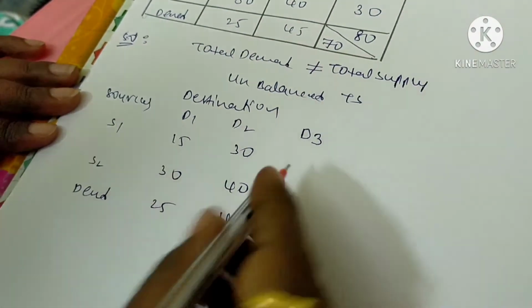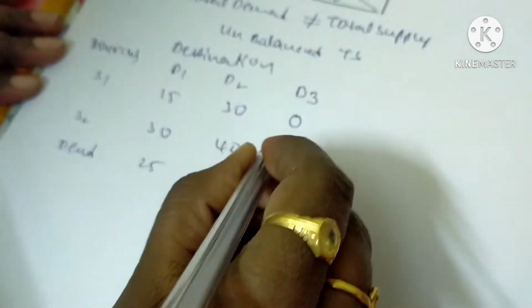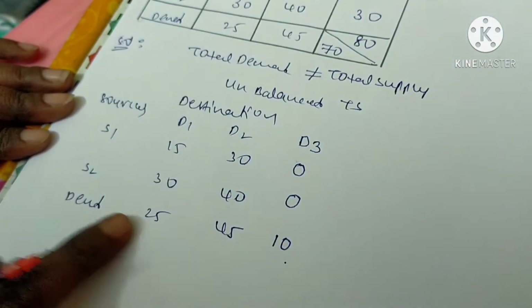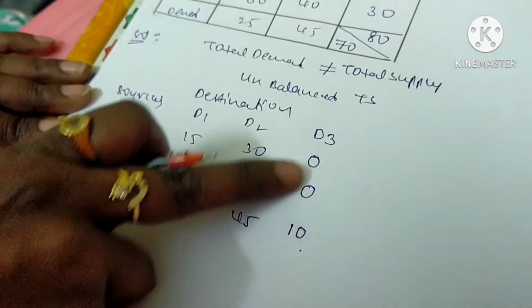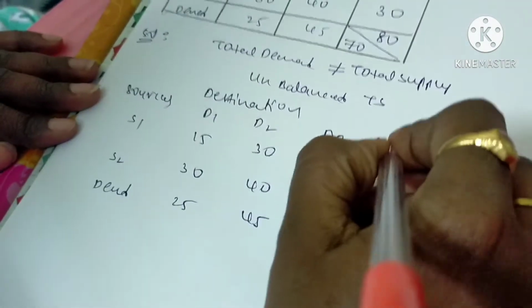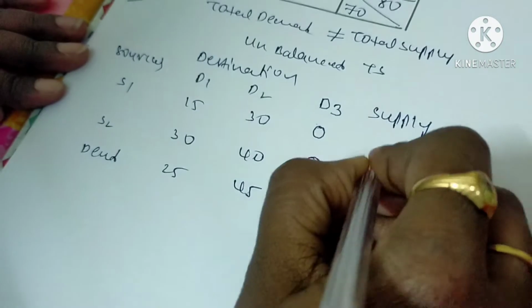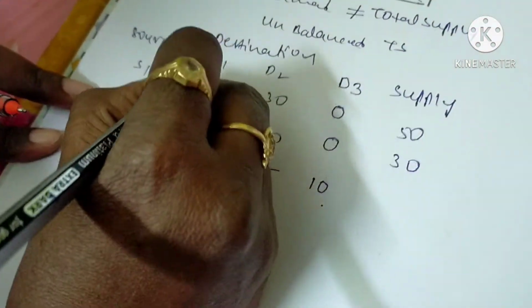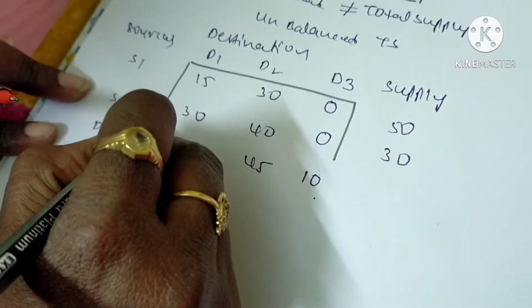We need 10 units, and here you have to allocate the 0 unit elements. Here we need demand, that's why I am adding a dummy column. Write the supply: 50 and 30. Okay, this is the transportation problem.